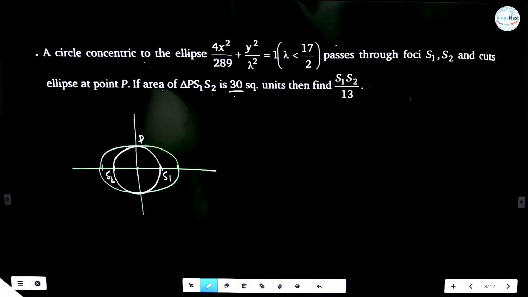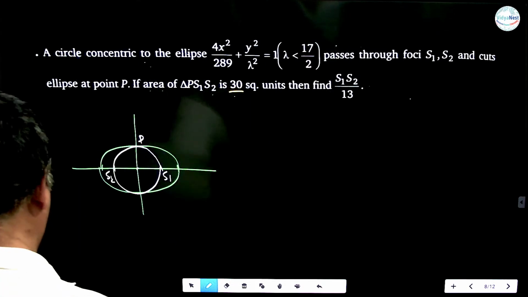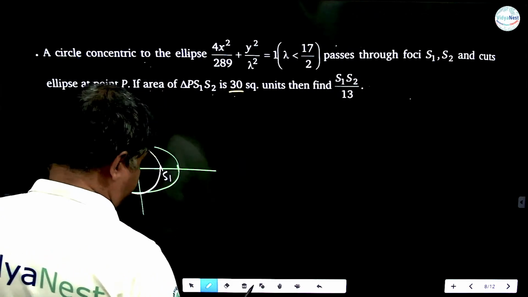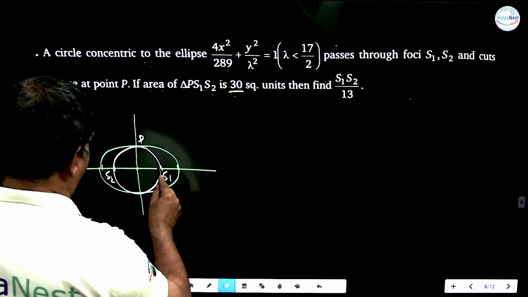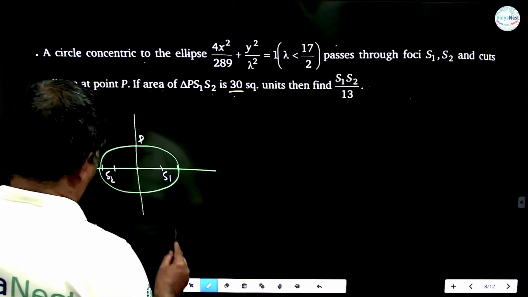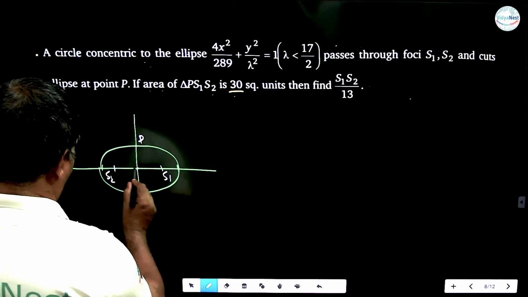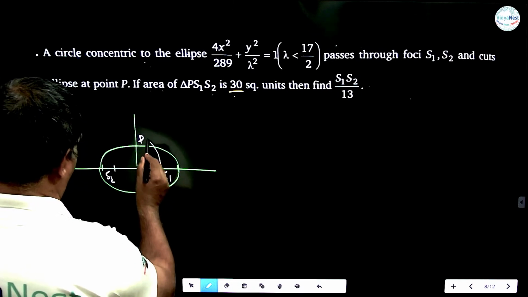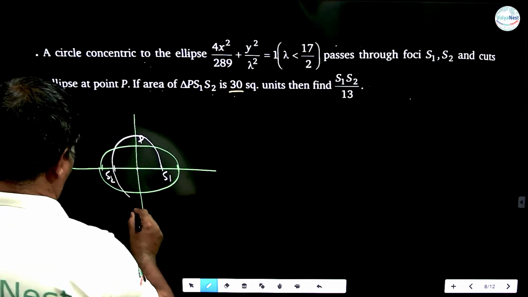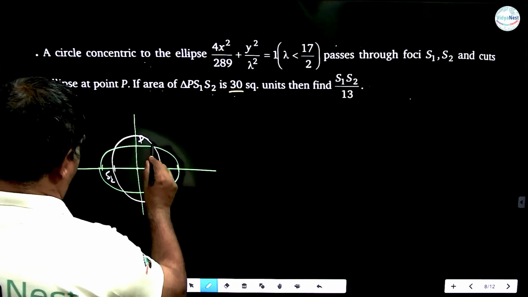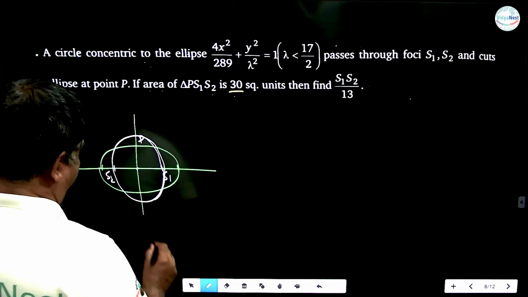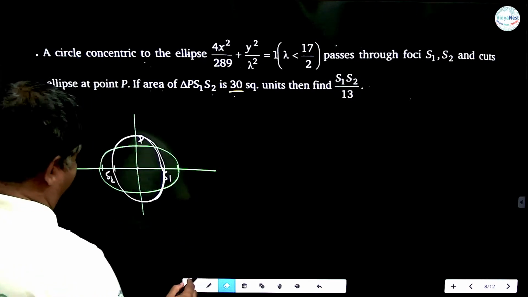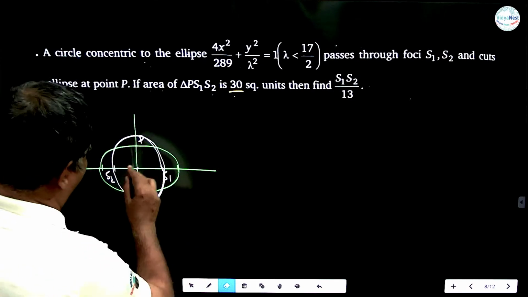Now how to proceed with this? That is a circle which, see, is difficult to draw roughly. It looks like an ellipse again.